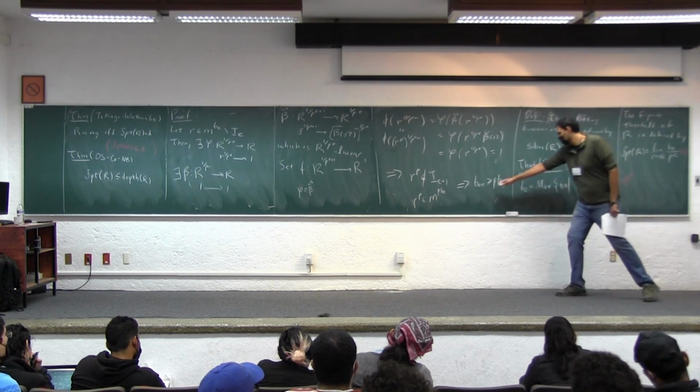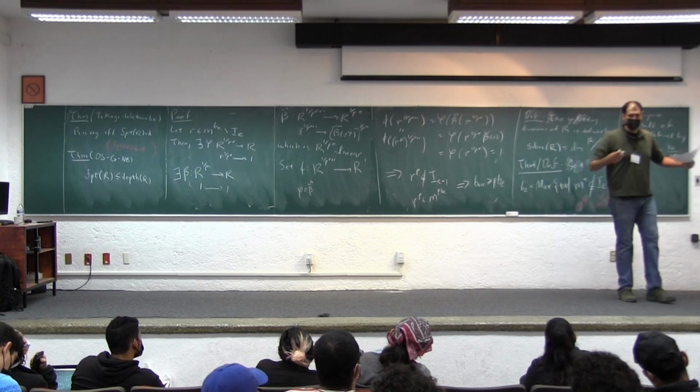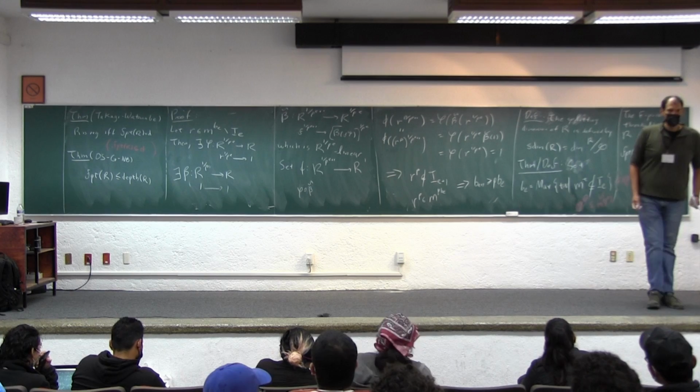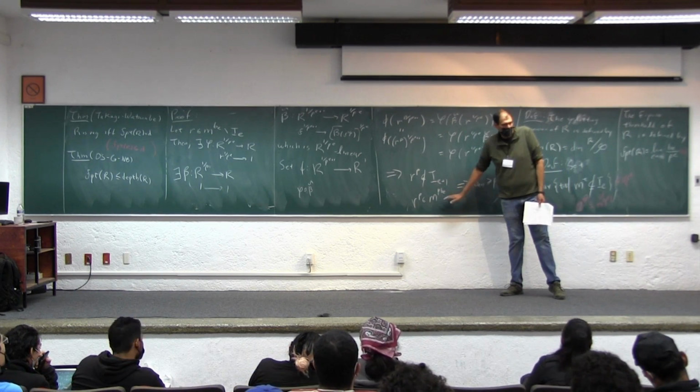Because B sub E plus 1 is the order of the biggest element that splits off, no? So we have something that splits off here, but it may be something bigger, no? We could probably get something bigger.